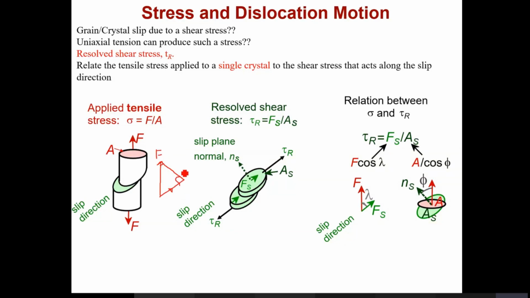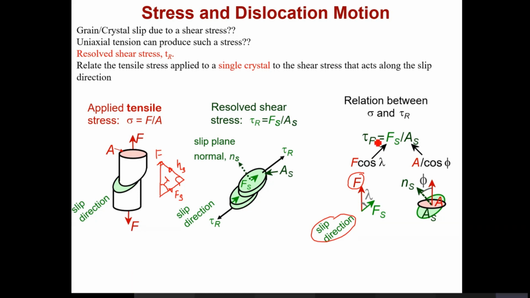This is my normal force. I can resolve the normal force into this component, which is Fs and Ns, if I know the angle which is lambda. This lambda is the angle between the force which is acting normally and the slip direction. Is this clear?